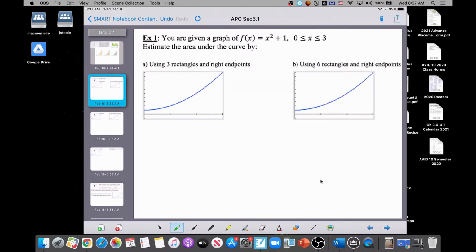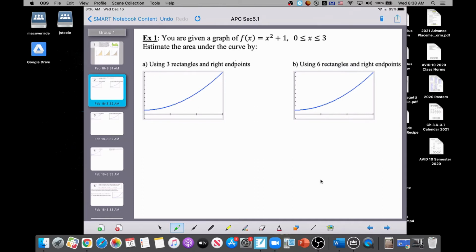So for the following examples, we are given the graph f of x equals x squared plus 1. And we are going to estimate the area under the curve in multiple different ways. So in part A, they are asking us to estimate the area under the curve by using 3 rectangles with right endpoints. Okay?